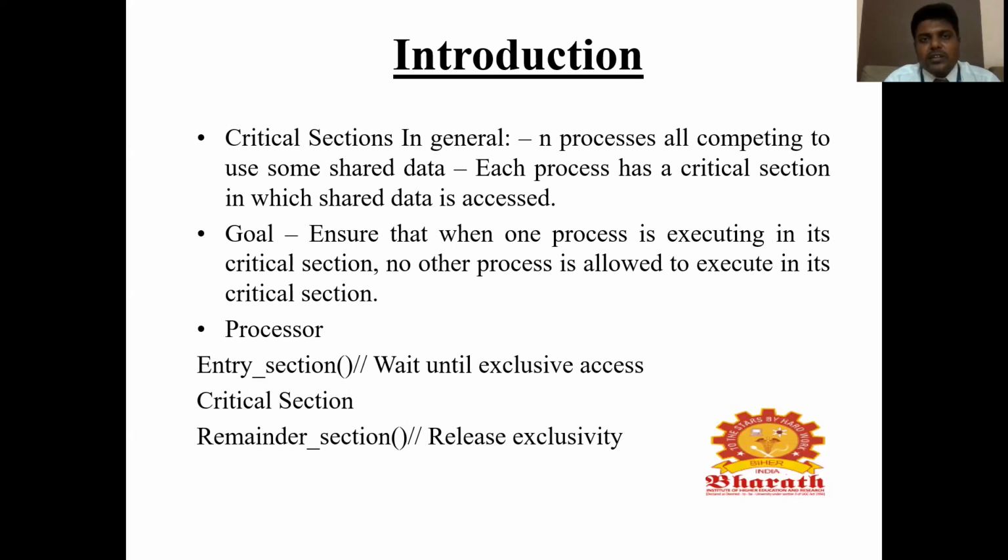The goal of the critical section is to ensure that when one process is executing in its critical section, no other process is allowed to execute in its critical section. A process's critical section has three sections: one is the entry section, where there will be an entry of a process; the critical section, where, as I said before, only one process will be present; and an exit section, followed by the remainder section, which releases exclusively.